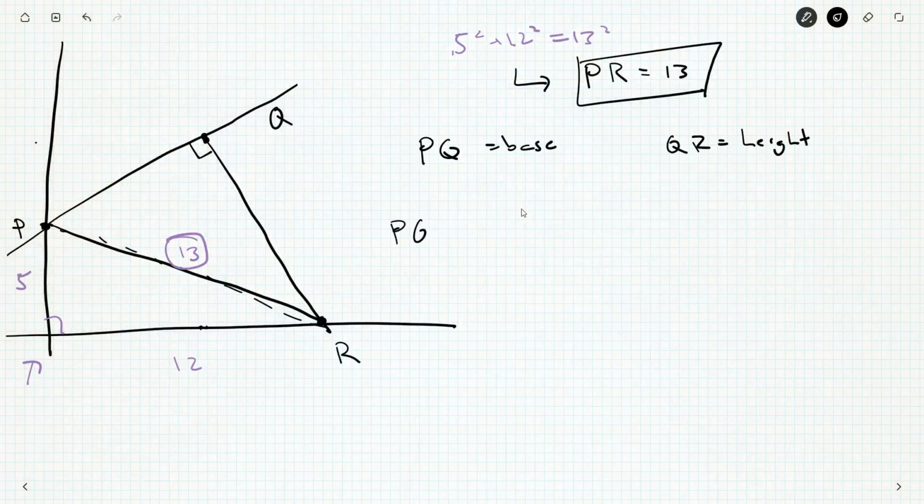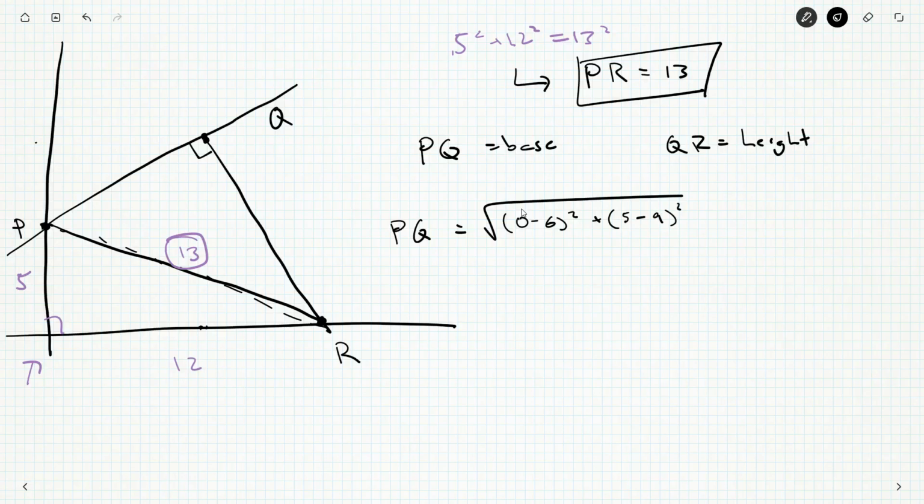So PQ is the square root of the difference in the x coordinates squared and the difference in the y coordinates squared. You don't actually have to keep the order the same. I just tend to. Not when we're squaring, because any change in the order will just be at the cost of a minus sign, which goes away when you square.